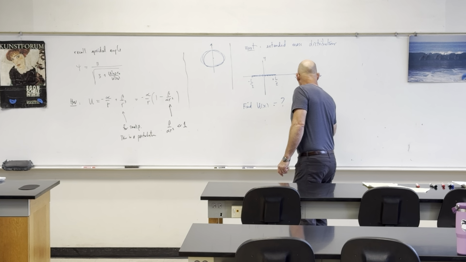Now we gotta go back. We define a little more terms before we do this. V of x such that u of x is equal to m times v of x.